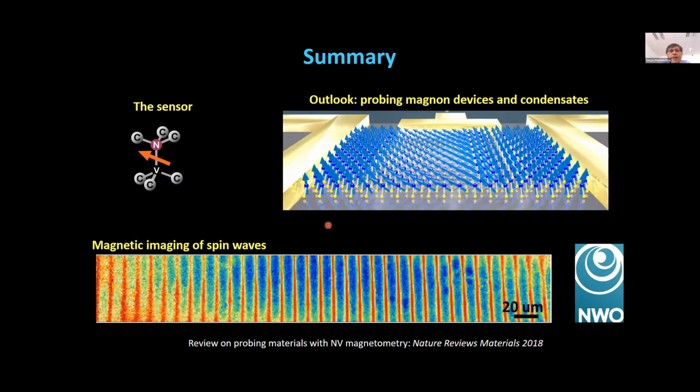Yes. My question is, you said in the beginning that there are different techniques to map and detect spin waves, and one of them was Brillouin light scattering.